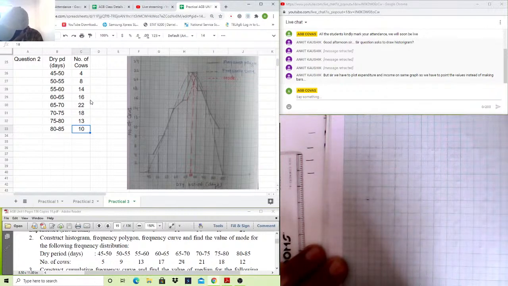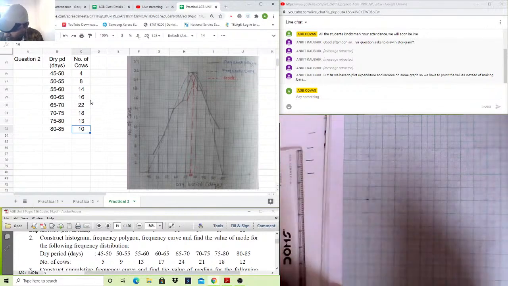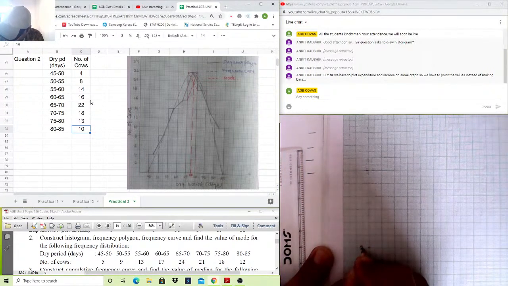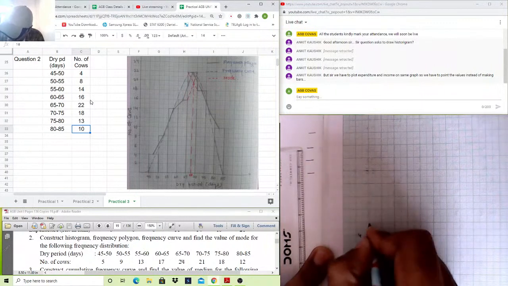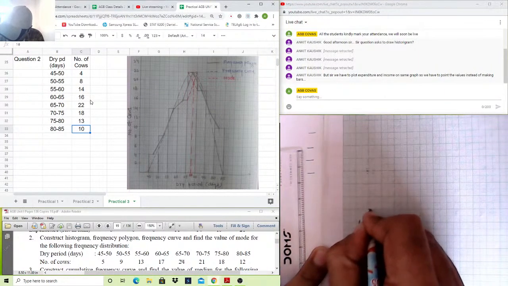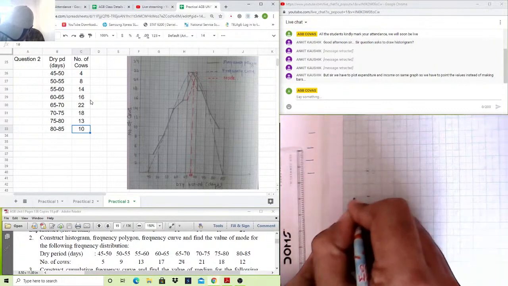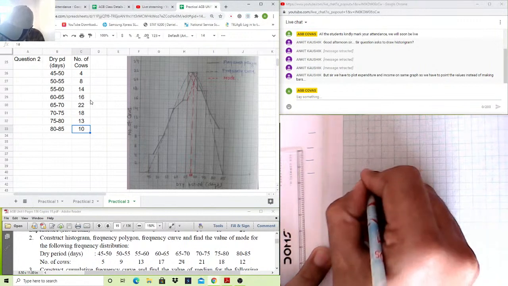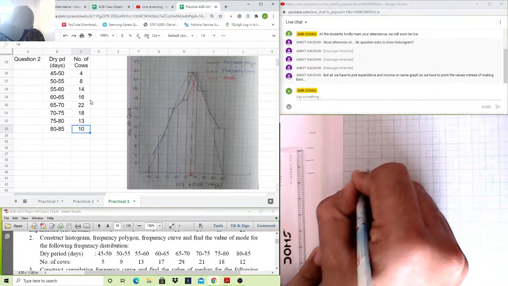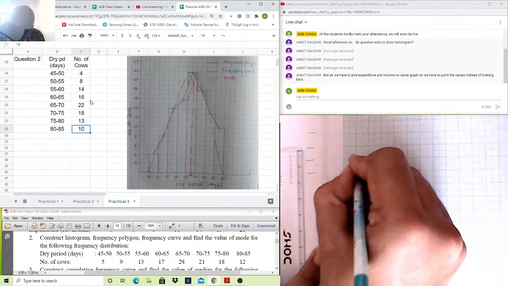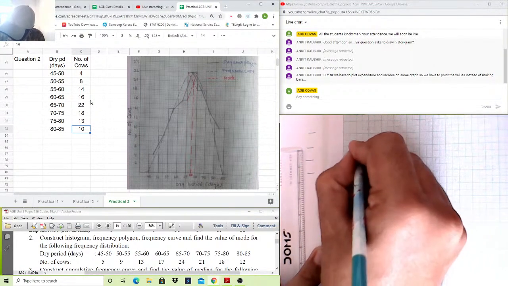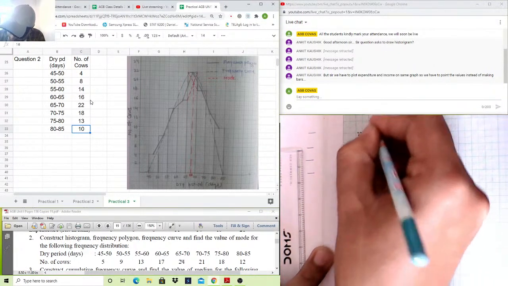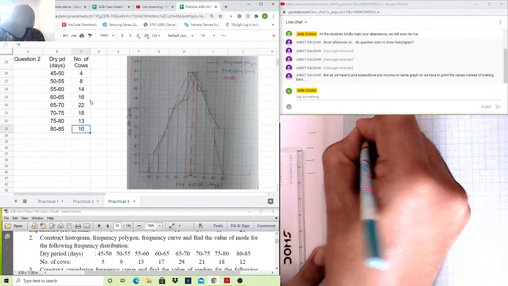So it will be 0 here, and at a difference of 2, this will be 2, 4, 6, and 8, then 10, then 12, then 14, and up to 20.